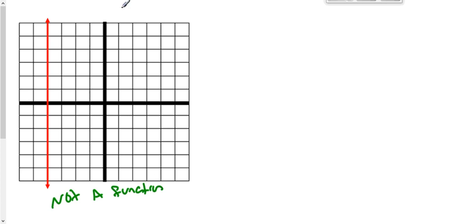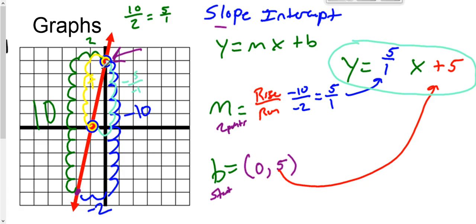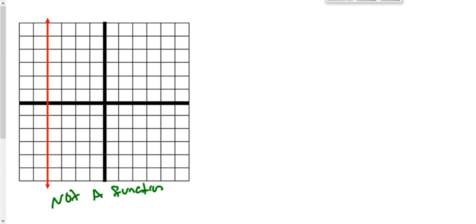So the way I remember this one is a line that goes through both the x and the y-axis. So this line went through both the x and the y-axis, is going to have both an x and a y in the equation. Since this one only crosses x, it's only going to have an x in the equation. So this is an x equals.